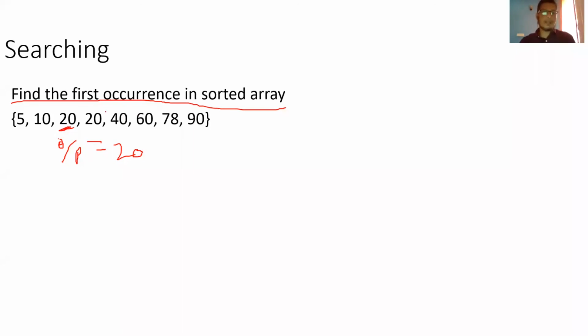So what you can do is use binary search and arrive at a place where that item exists. Let's say you found the item here. Then you check the previous element until you get to the condition where the previous element is not the same.